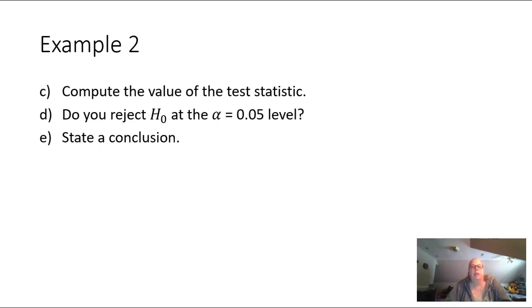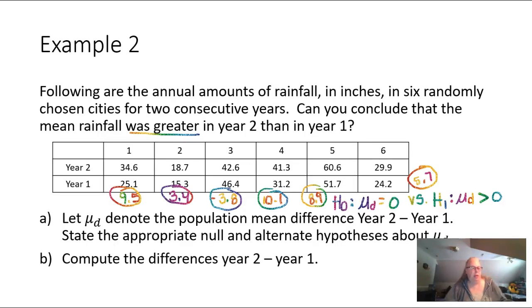All right, next, we want to compute the value of the test statistic. Now before I can do this, remember, I need to go back and, in my calculator, put in my circled numbers into a data set and run the 1-var stats on it, because I need the mean for those differences and I need the sample standard deviation Sx for those differences. And I have already done that in the calculator.